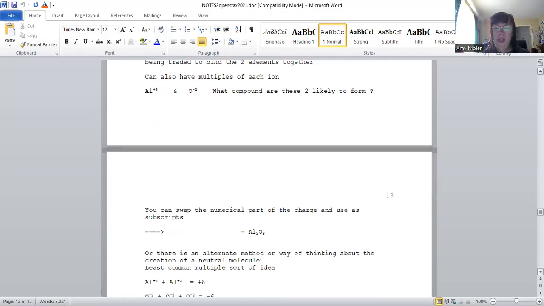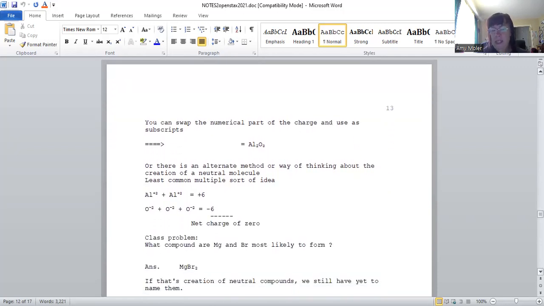What if you have things that don't match? Aluminum likes to be +3, but oxygen likes to be -2. There's a couple of different ways you can approach this problem. You can take the number part of the charge and use it as the subscript for the opposite element. That way we get Al2O3.